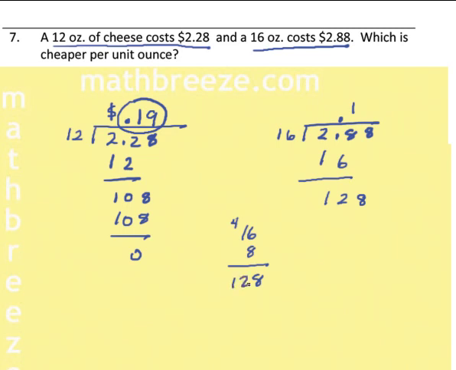All right, so that's an exact division. So we have 8 times. Okay, so we have 18 cents per ounce for the 16 ounces of cheese. So this is the cheaper one, the 16 ounce.